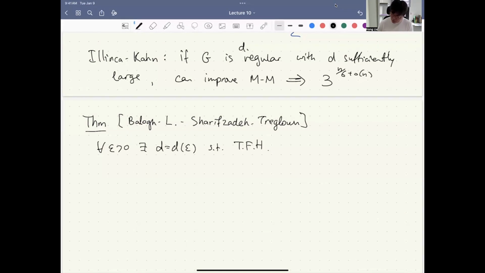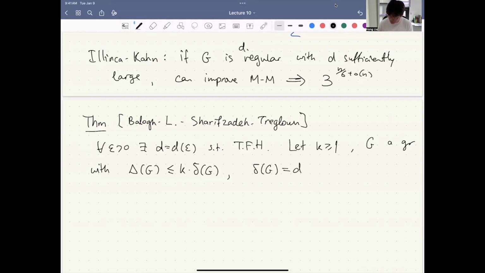So what is the following? Let k be at least 1, and G a graph with maximum degree bounded by a factor of k from the minimum degree, where the minimum degree is d, sufficiently large. Precisely, for any d bigger than d0.